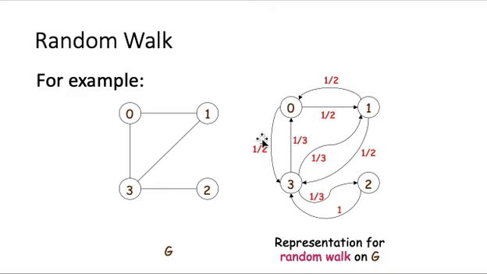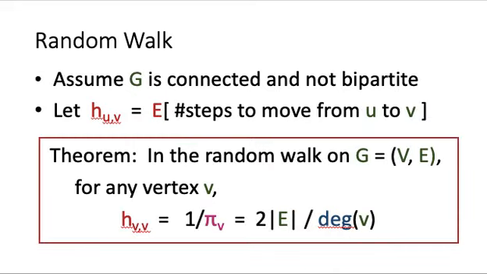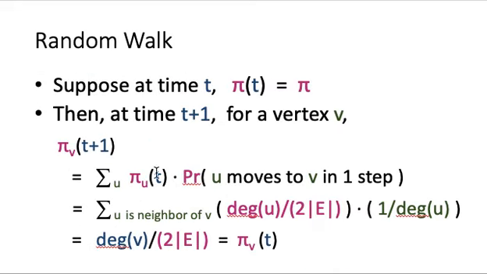The chance that we go to here will be the chance that we are in this state multiplied by this transition probability, plus the chance that we are in this state multiplied by this transition probability, plus the chance that we are at this state multiplied by its transition probability.